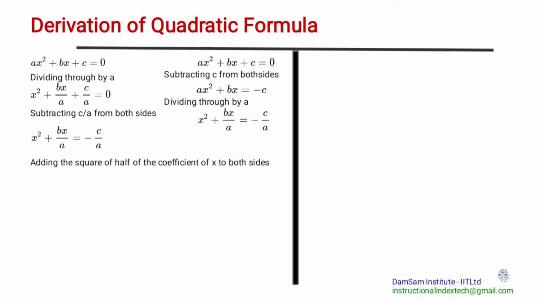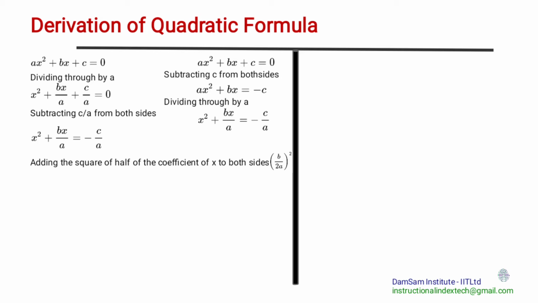The coefficient of x in this case is b over a, and half of b over a is b over 2a. So the square of b over 2a is what we are adding to both sides.